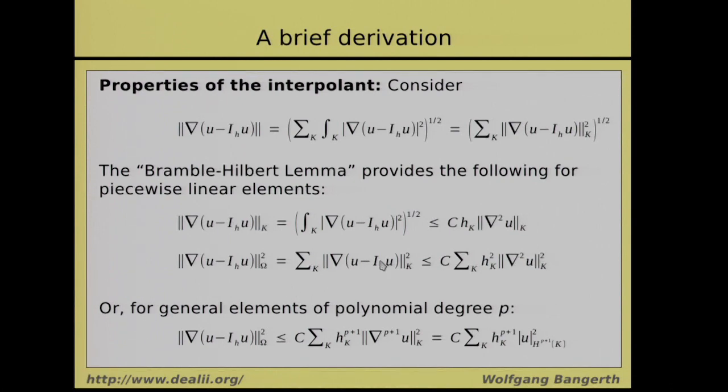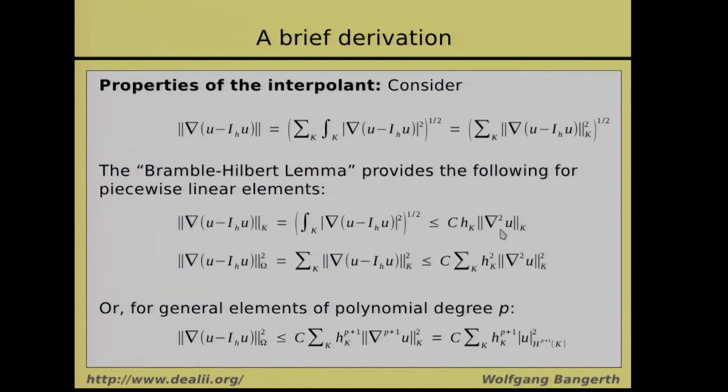If I look at the gradient of the difference between the exact solution and the interpolant on one cell K, then I can bound this by some constant, which we call an interpolation constant, times the mesh size times the second derivative. That's just a rephrasing of the statement that I made intuitively on the previous slide.